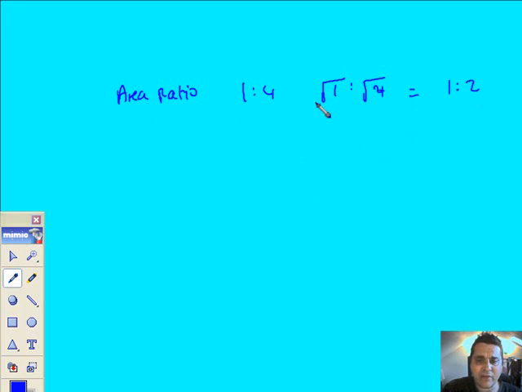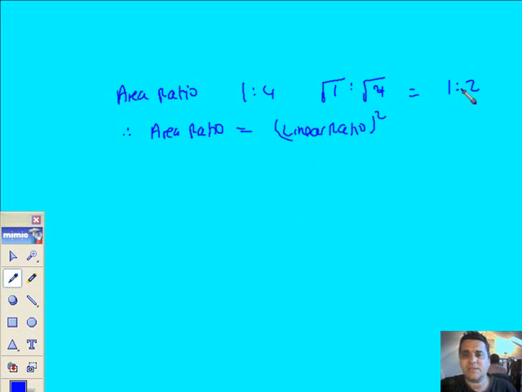So if I take the area ratio and square root it, I end up with a linear ratio. Therefore, area ratio equals the linear ratio that's been squared. Is that okay? So 1 times 1 is 1, 2 times 2 is 4. If I square root it down, I'm going from area back down to linear.